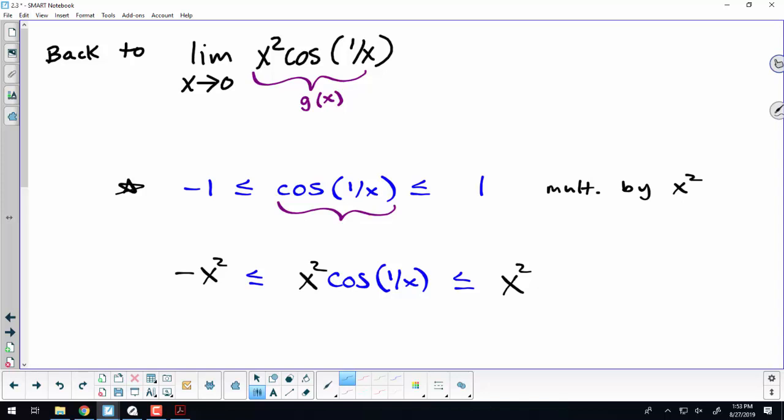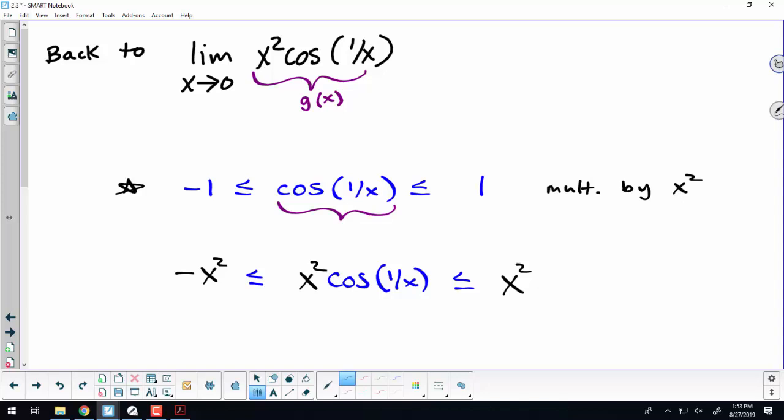So are there any other questions about that? It's kind of weird at first. So if x was approaching a positive number, say 5, would your left and right hand values be 4 and 6?